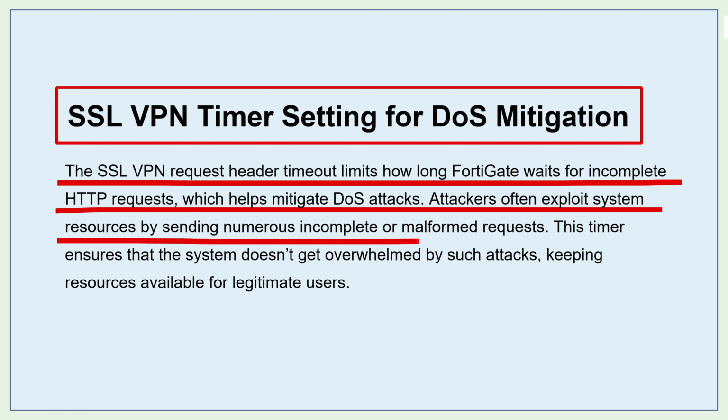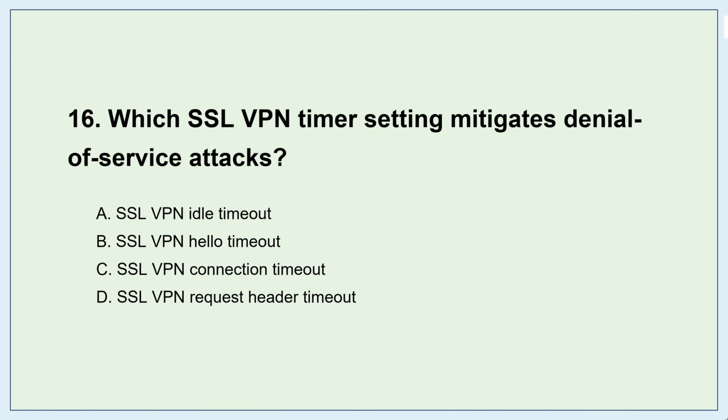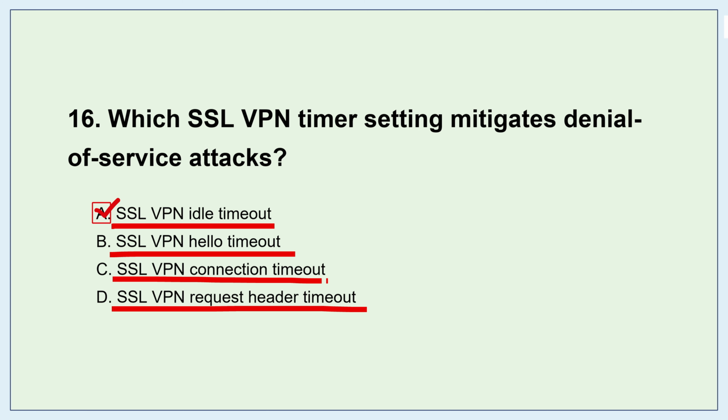This prevents attackers from overloading the system with fake or unfinished requests, keeping resources free for real users. Correct. The request header timeout is designed to prevent resource exhaustion. Incorrect. These timers manage different aspects of SSL VPN.